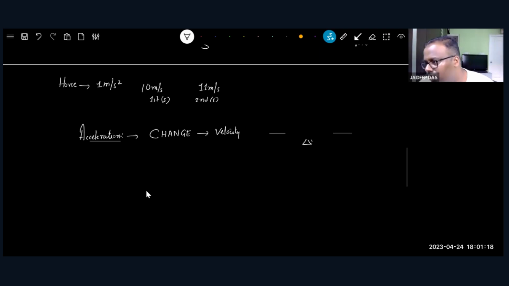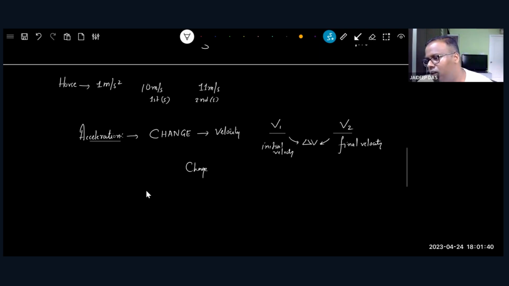Then only you will have that factor called delta V. One data we will call final velocity, and the other we will call initial velocity. That's what I was trying to tell you as V2 and V1.